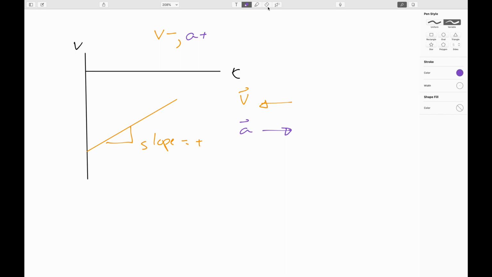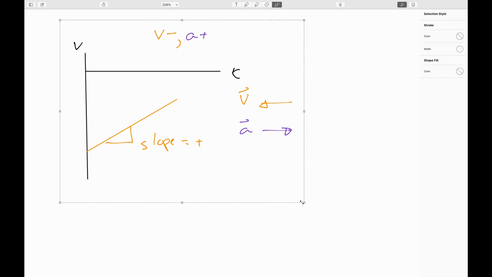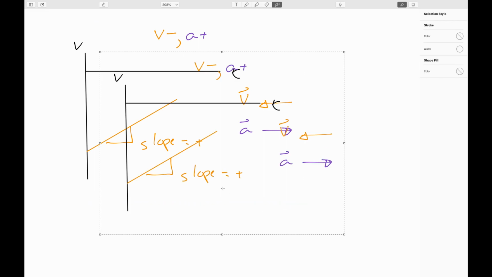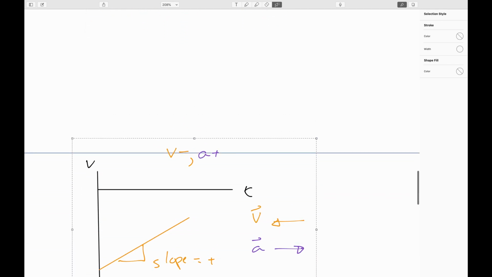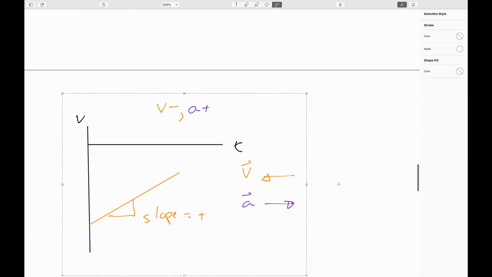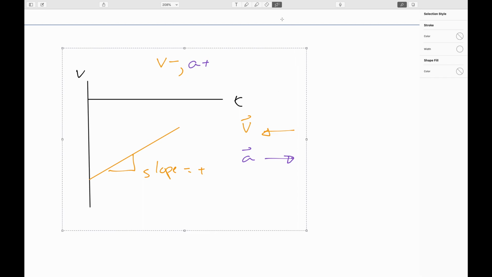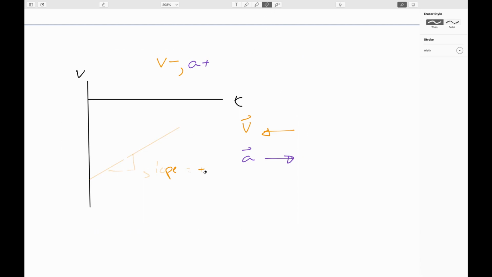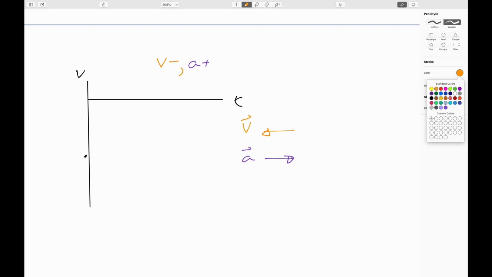And finally, we can do a case where it's sloping down. Something like that. So here the velocity is negative, but the slope is also negative.